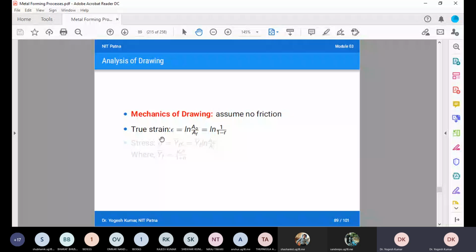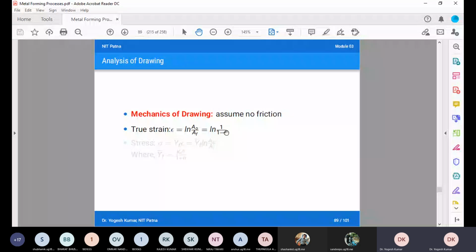In that case, true strain may be given as epsilon equal to natural log of AO upon AF. Here if you see, this term can be mathematically written as AO upon AF is equal to 1 upon 1 minus R, where R is your reduction in area.